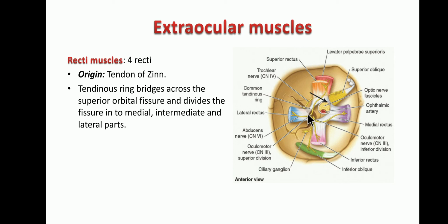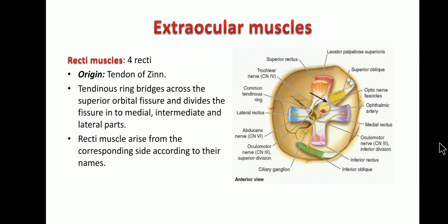As it bridges, it encloses the optic foramen within the intermediate part, and finally it crosses the superior orbital fissure to attach to the greater wing of the sphenoid. So recti muscles arise from the respective aspects of this musculotendinous ring: superior from the superior part, inferior from inferior, medial and lateral from the respective medial and lateral aspects.